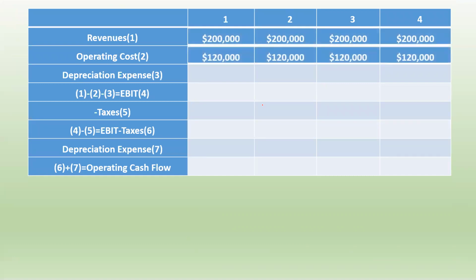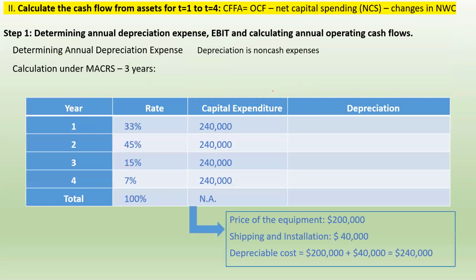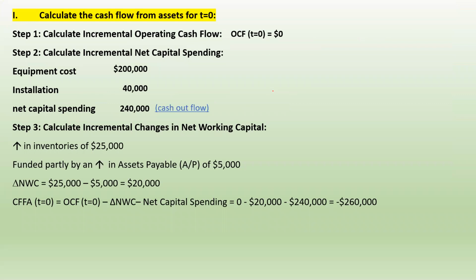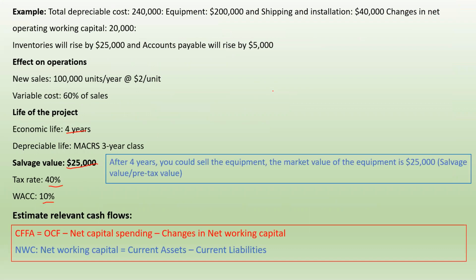So we find out the depreciation. We fill this depreciation here over those 4 years from our previous table. So revenue minus operating cost minus depreciation expenses, that's earnings before interest and taxes. If it's negative, which means that we can get a tax credit. So we know the tax rate here. Tax rate is 40%.